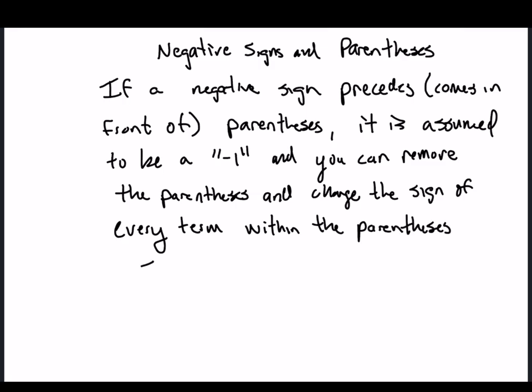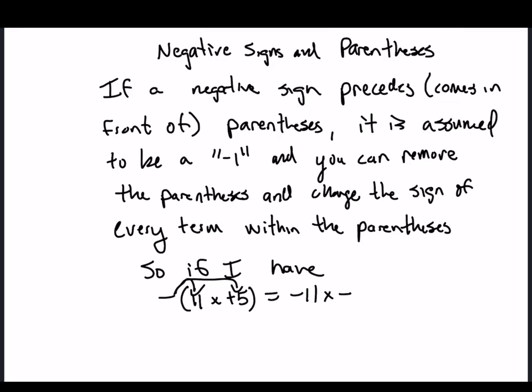For example, if I have negative quantity 11x plus 5, I can drop the parentheses and distribute the negative. So negative 11x, and distribute the negative to the 5, and I get -5.